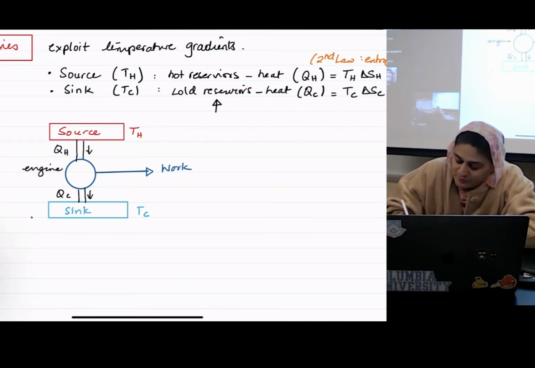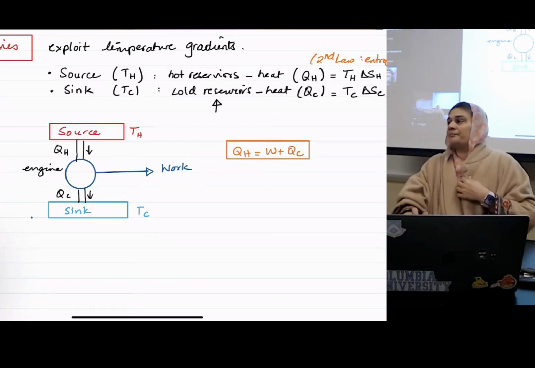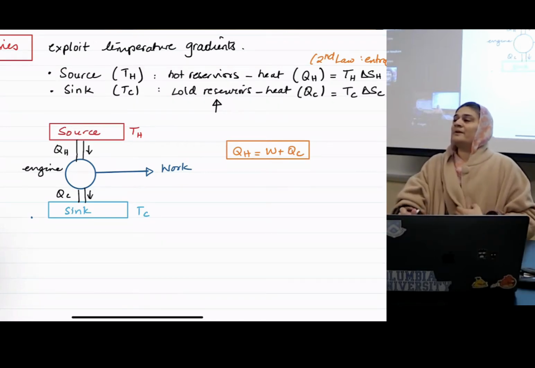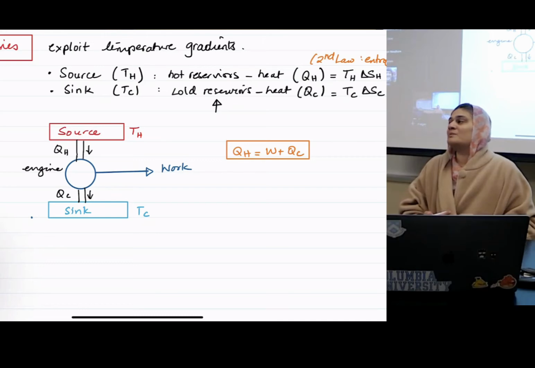So then am I mathematically allowed to write this? Everybody okay with me writing that? So what is the one thing I'm concerned about when I talk about engines, cars? What's the one thing that we worry about when the gas prices go up? Money too, yeah.